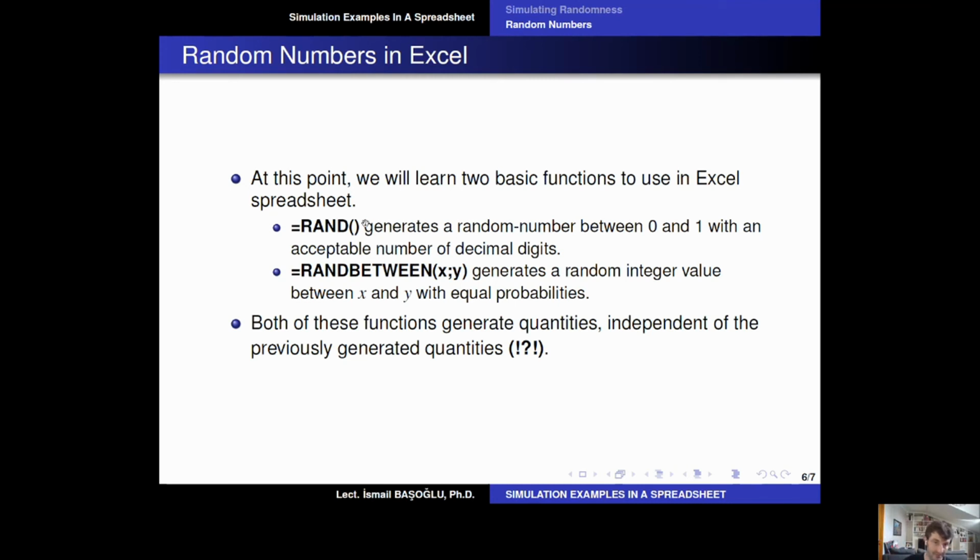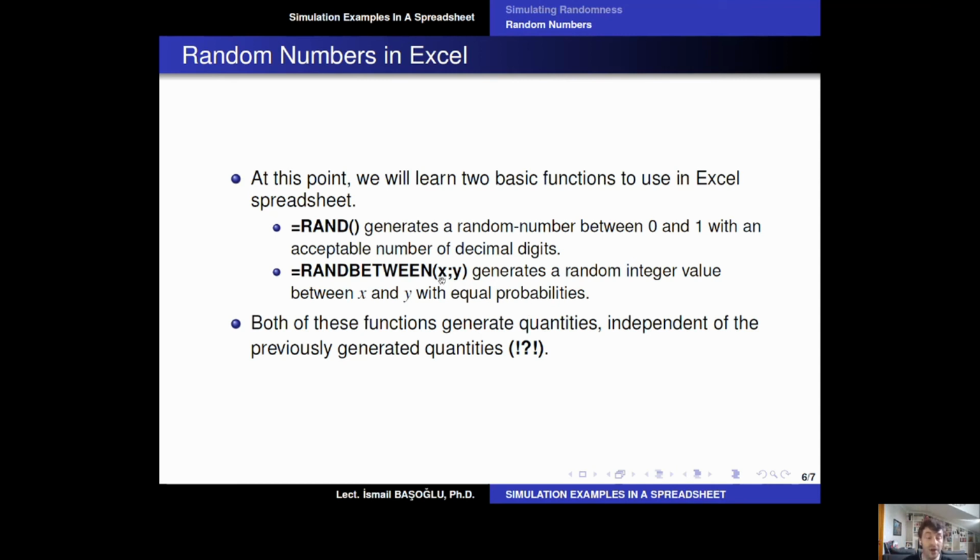At this point, it is possible to talk about another type of randomness, which can also be imitated by a command in Excel. It's the RANDBETWEEN function, which uses two arguments separated by a semicolon. It generates a random integer value between x and y with equal probability.